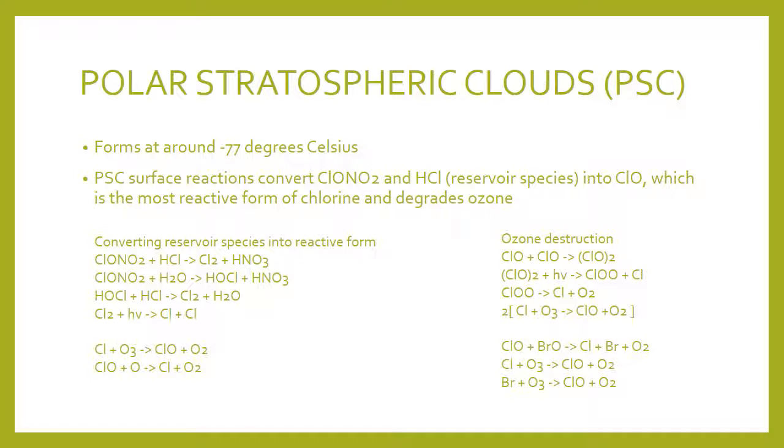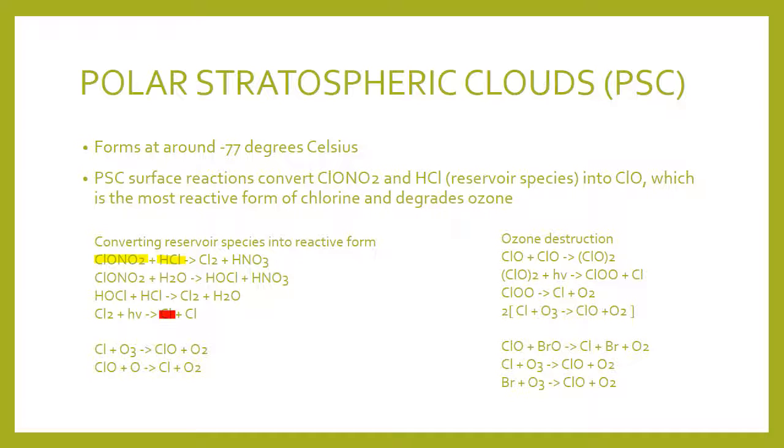Very low temperatures in the Antarctic allow the formation of polar stratospheric clouds, or PSCs, and surface reactions on these PSCs convert reservoir species of chlorine, these two, which do not degrade ozone, into reactive species of chlorine, which do degrade ozone.